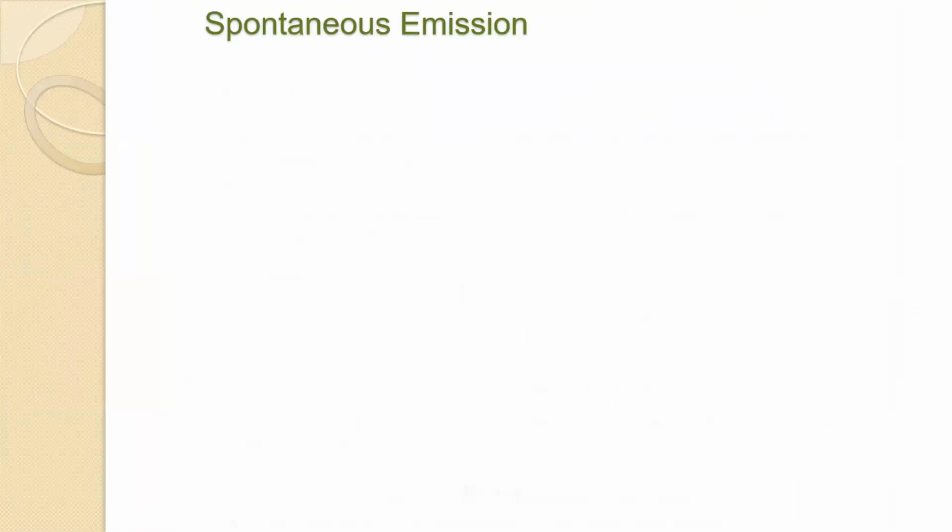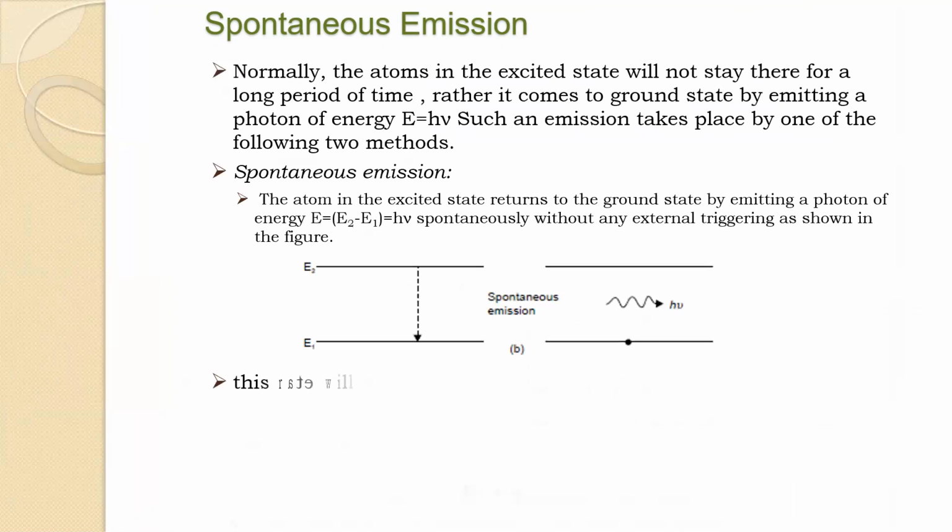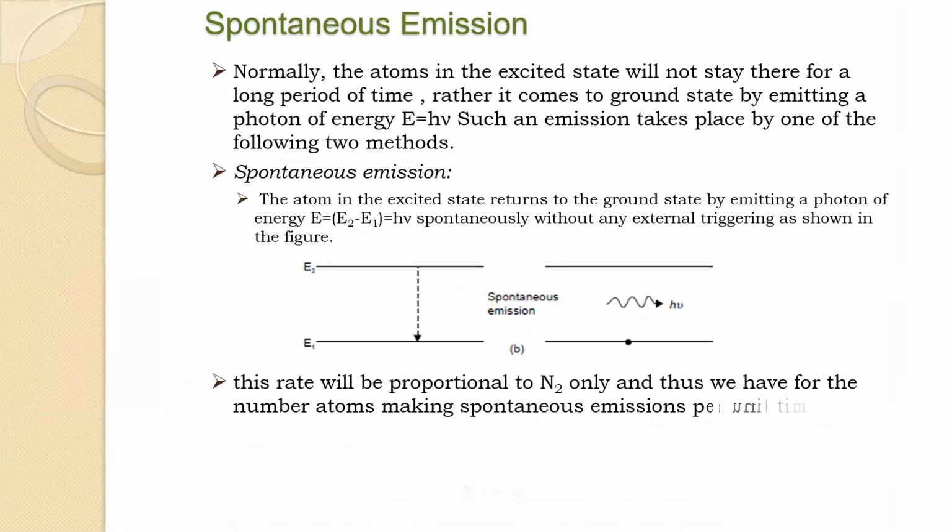And in spontaneous emission, we obtained an equation for the number of atoms making spontaneous emission per unit time per unit volume as U21 is equal to A21 N2.